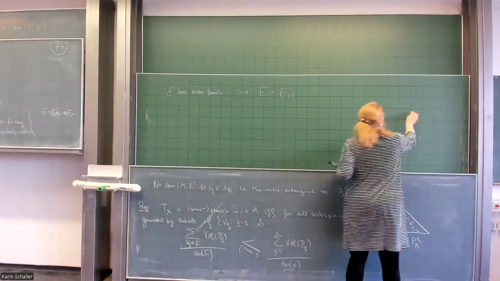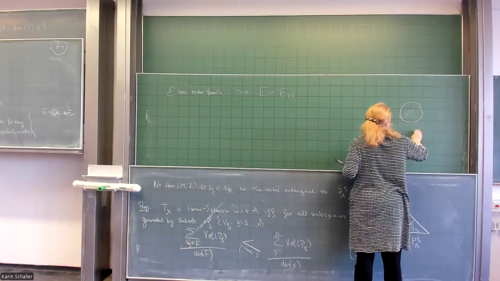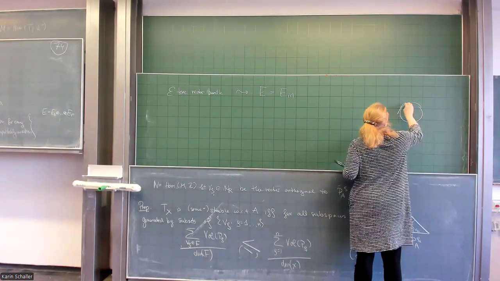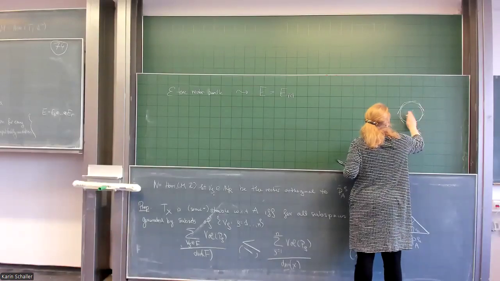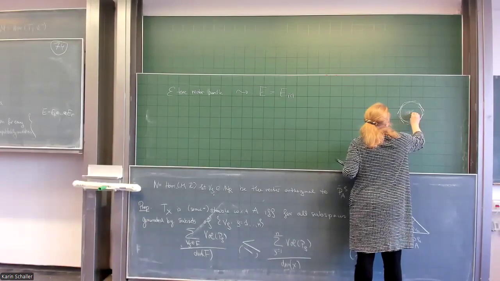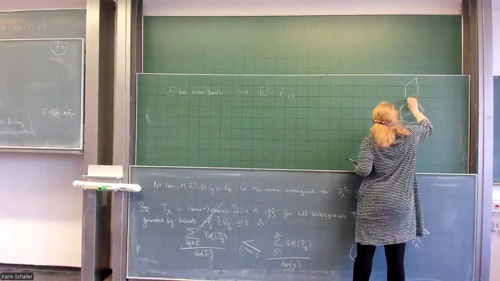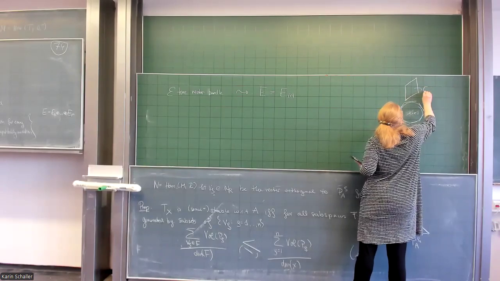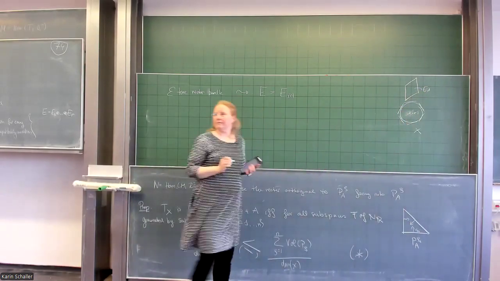You have the toric variety X, and then you have the torus and the boundary divisors. In the torus, you have the identity, and you can take the fiber over the identity.